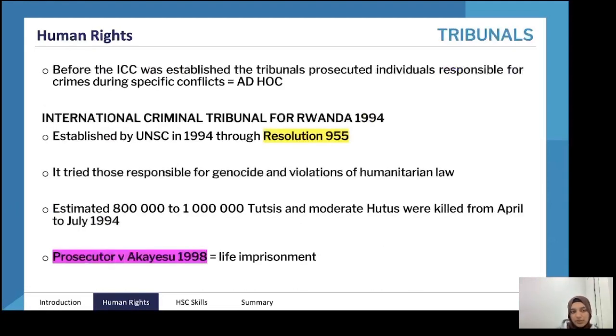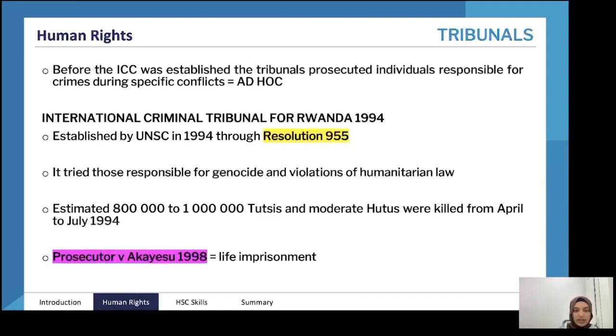Next up, tribunals. Before the ICC was established, the tribunals prosecuted individuals responsible for crimes during specific conflicts, so ad hoc. First of all, we have the International Criminal Tribunal for Rwanda, which is specific to the Rwandan conflict. It tried those responsible for genocide and the violation of humanitarian law.